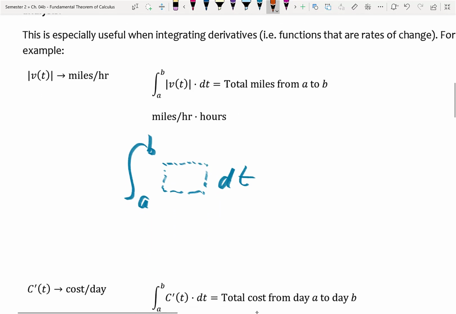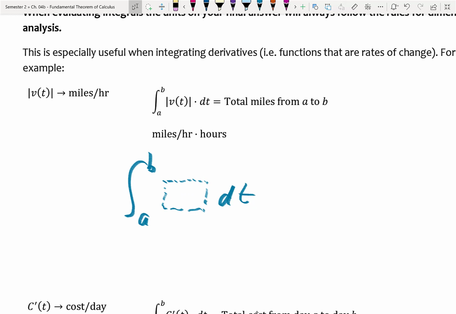But the units are what matter here. If change in time is in hours, and these are also hours, and v of t is in miles per hour, then when I multiply hours by miles per hour, we get miles, and the units of my integral are miles.